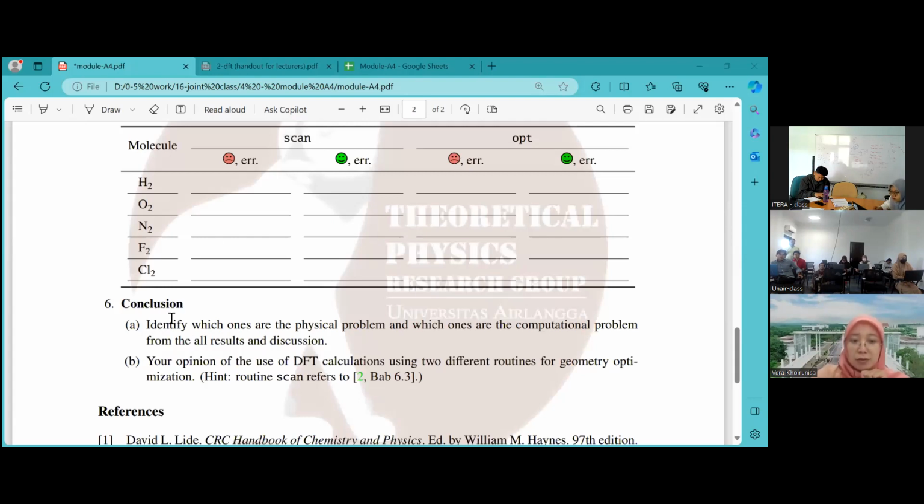And in the conclusion, you will identify the answer to the objective. The first objective is that you can identify which one is the physical problem and which one is the computational problem. For example, Wani said that his computer hanged, so that will be the computational problem.